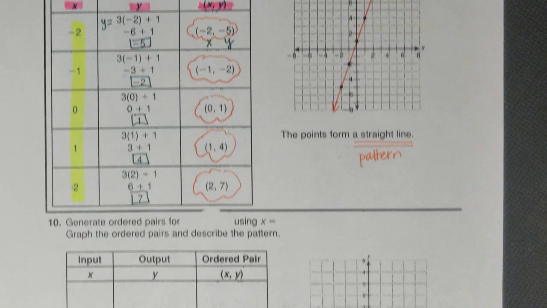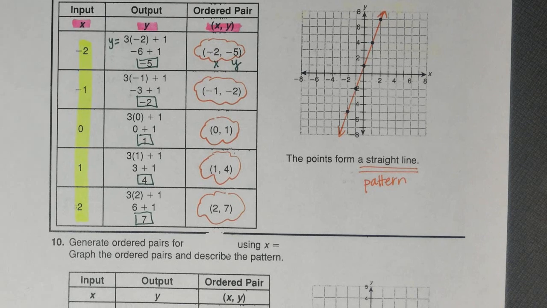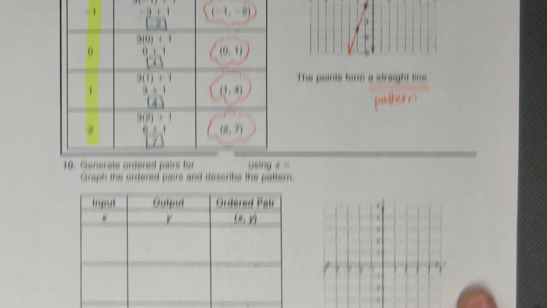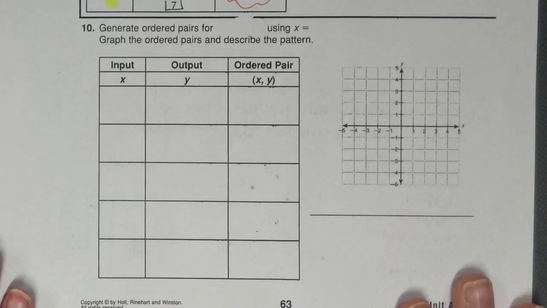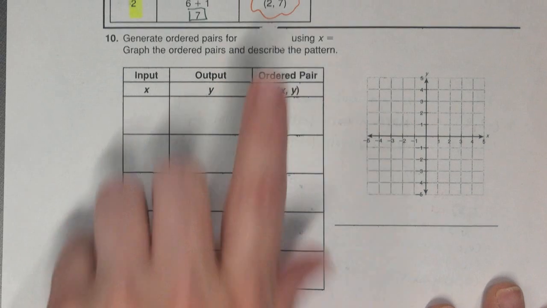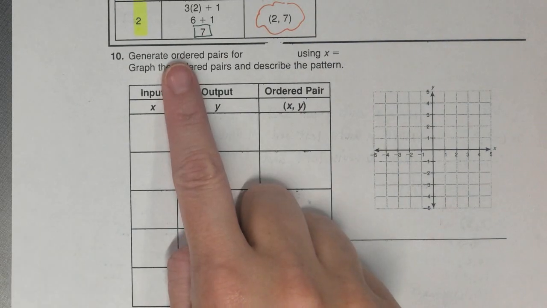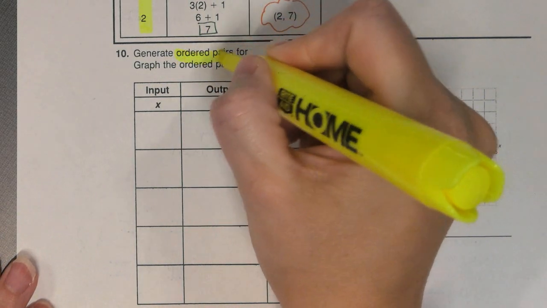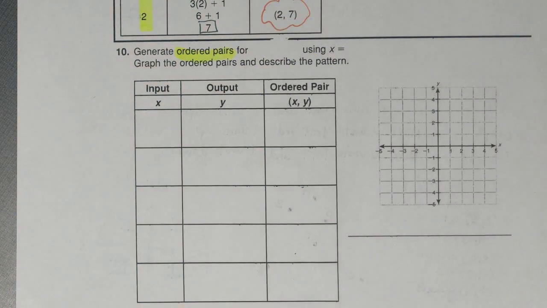All right, so we're going to do this for a different type of function. We just did a linear function, so this is a linear example. Okay, this says generate the ordered pairs for, and we're going to fill that in. Now again, remember, when it says ordered pairs, what's an ordered pair?